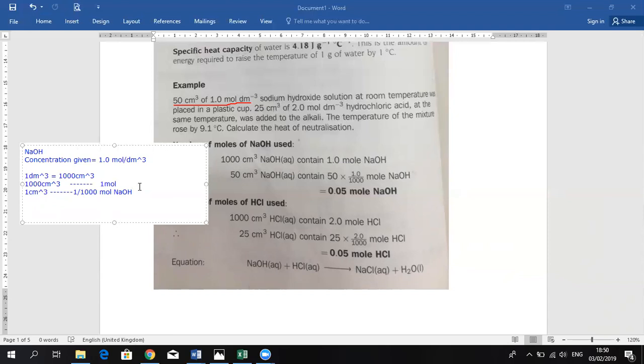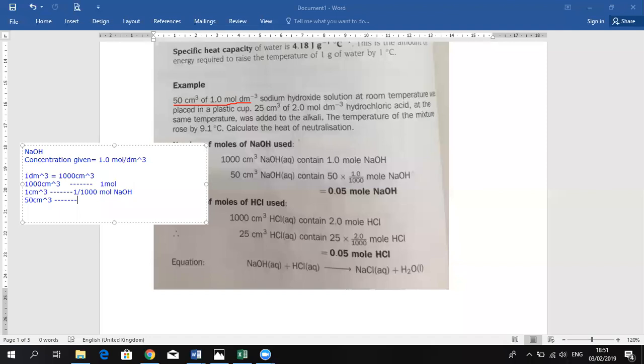Once we know how many moles are in 1 centimeter cube, we need to find how much is in 50 centimeters cube, because that's how much we're actually working with, right? On the board, you can just check this on your calculator quickly.